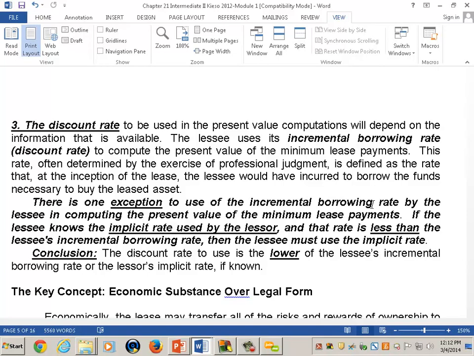There's a couple of reasons why we use the lower rate. And I think I mentioned this last semester. Anytime you see that GAAP sets up these barriers and rules and all this other stuff that really makes our head spin, there's a reason for it. And in this case, the lower rate results in a higher present value, right? So the lower rate gives you a higher PV, which avoids understating the liability.